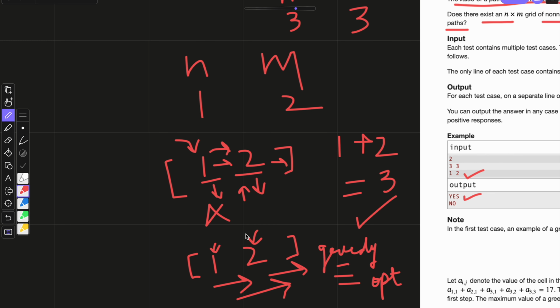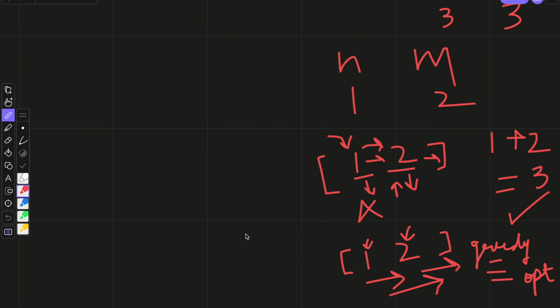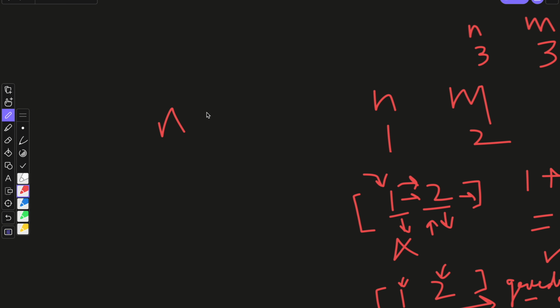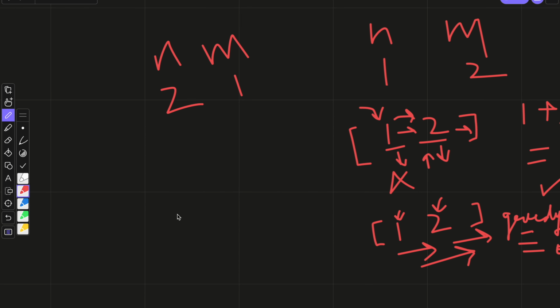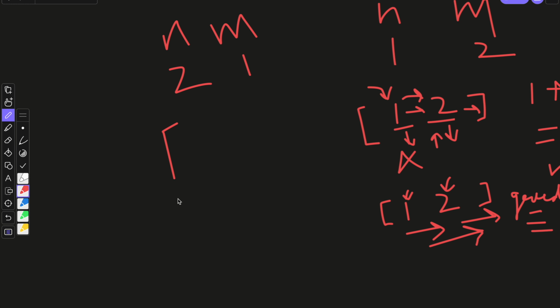Now let's take an example of n and m with n being 2 and m being 1. So the array would look like this. Let's suppose we take 3 rows and 1 column. Let's write down any numbers: 1, 2 and 3.